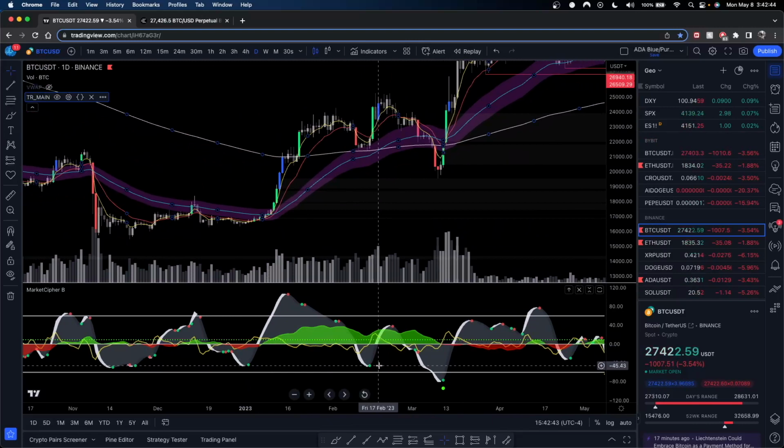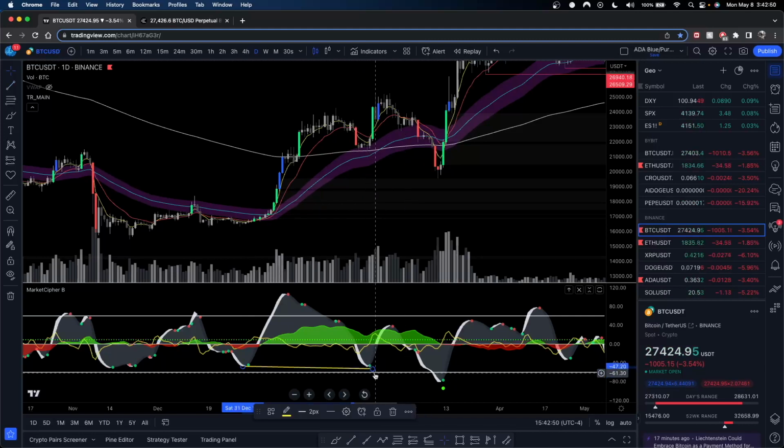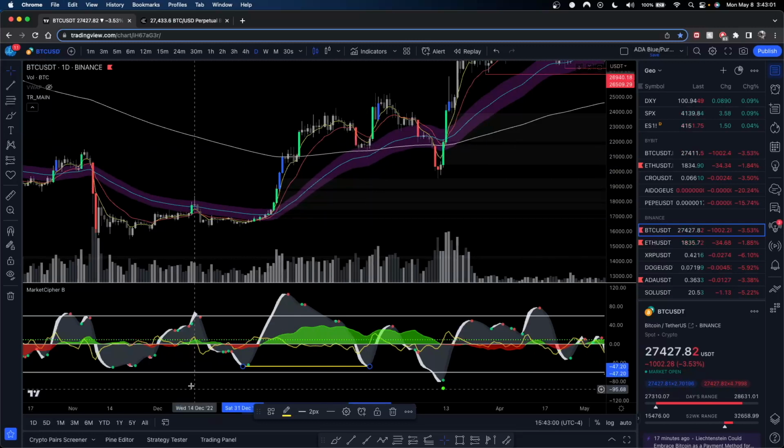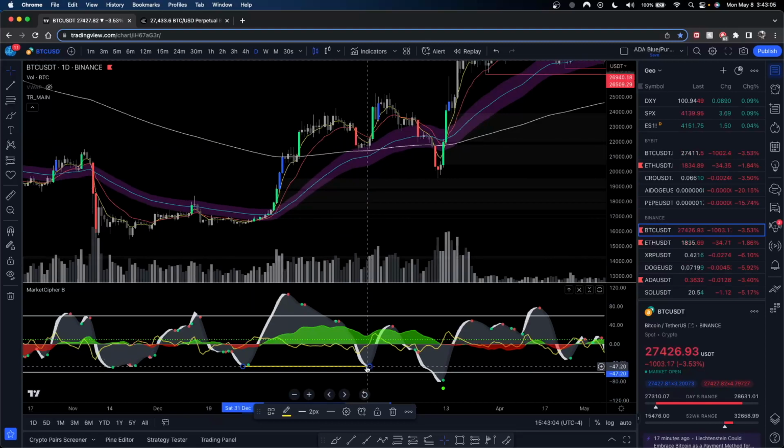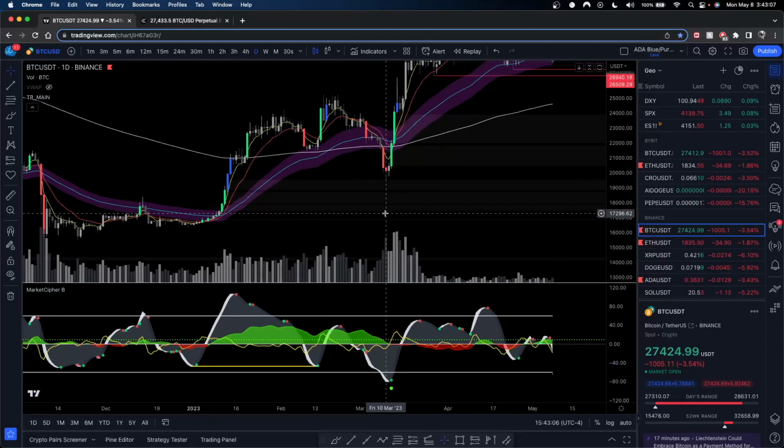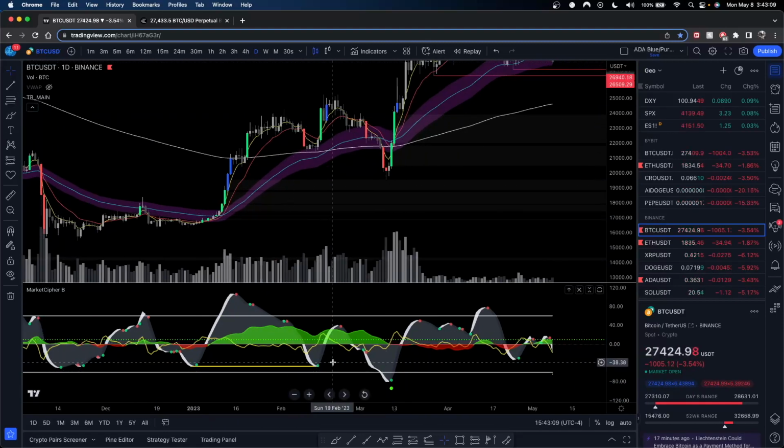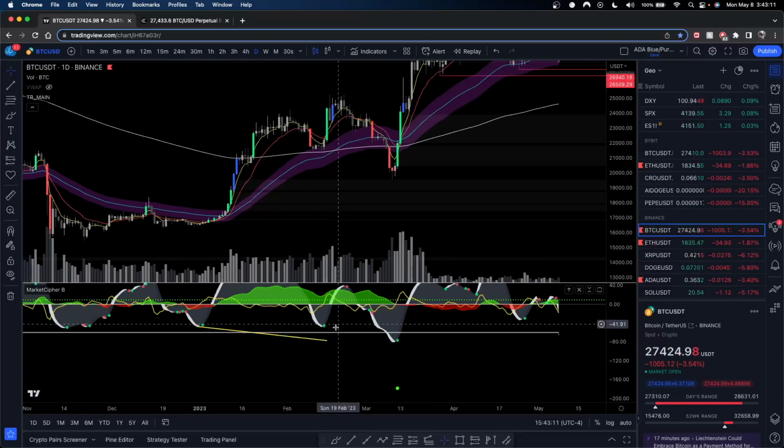This wave, I don't know if I would consider it a hidden bull div, but it would be close. And if it's close, keep in mind, if the last wave was here and the current wave is here, but the last price was here, this price should be here, but it's not. So we're going to consider it a hidden bull div, right? Which, if you guys don't know what a hidden bull div is, let's pretend this wave was a little bit lower.